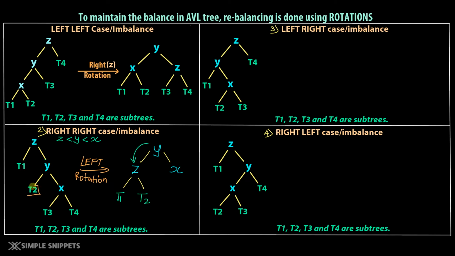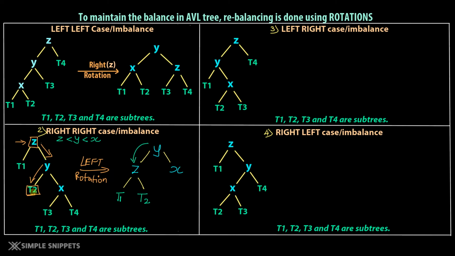Where is subtree T2 in reference with Z? It is to the right of Z, because to reach the T2 subtree from Z, that is from the root node, we have to go to the right and we reach Y and then you go to the left. So technically T2 is still towards the right of Z, right?